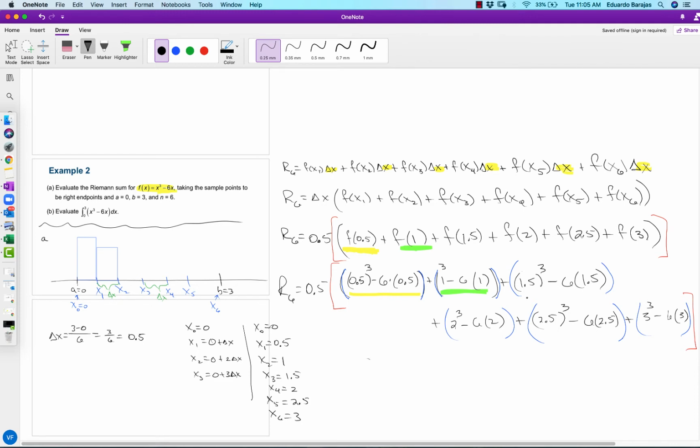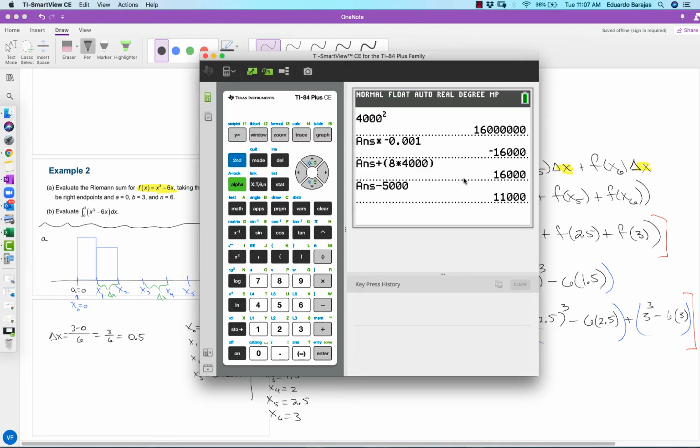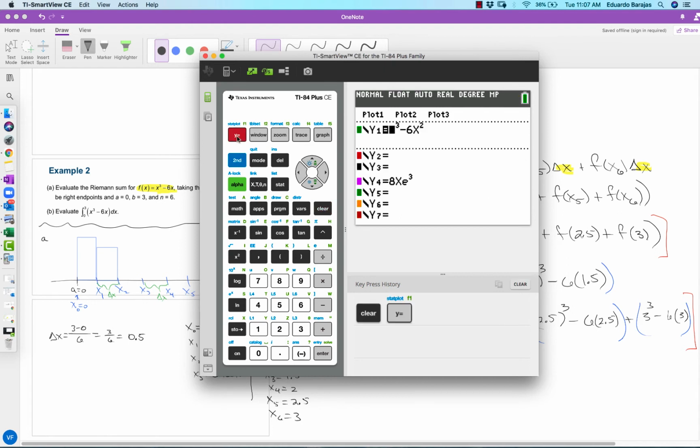Okay, well, this would be a great time to use the function feature in your calculator to figure out each one of these things, so you don't have to crunch them all out by hand. So let's use that. With your calculator, let's hit clear here. Let's go to y equals.